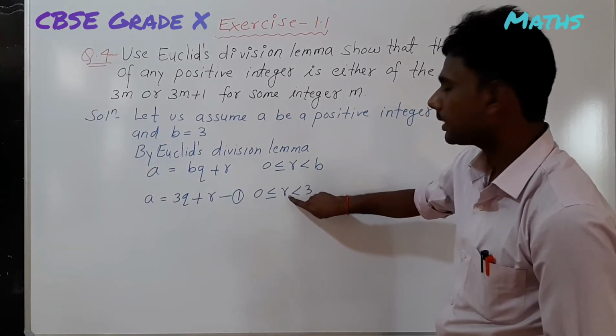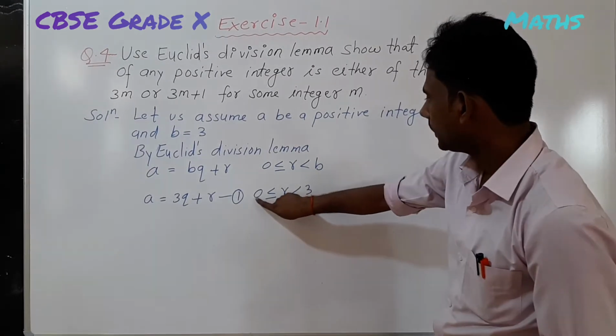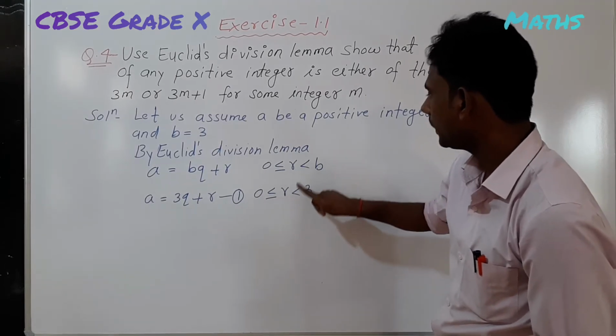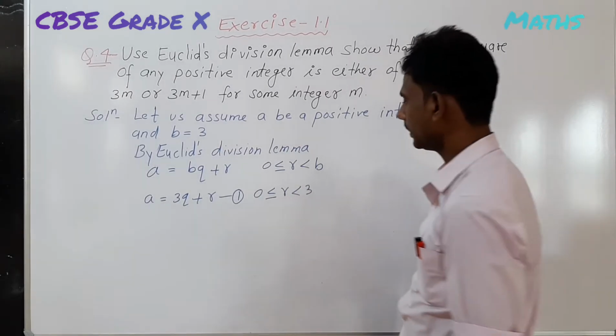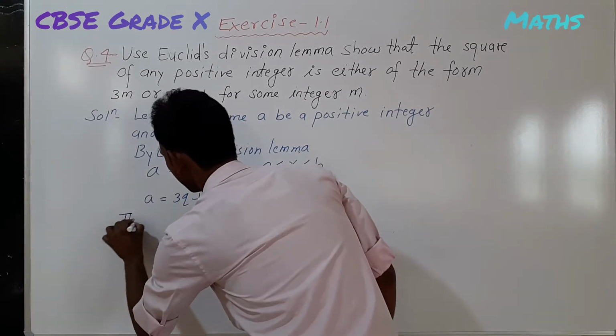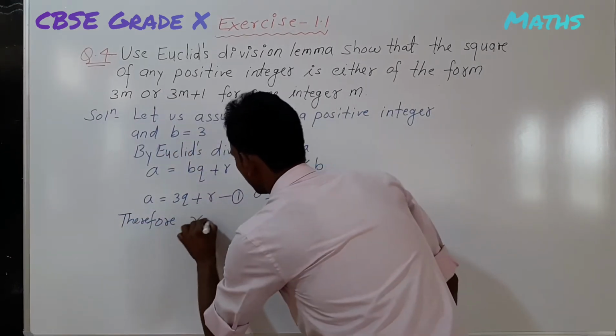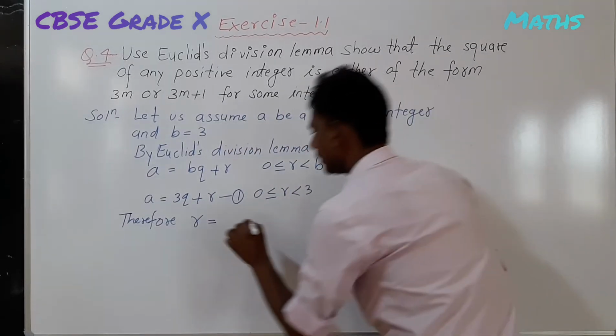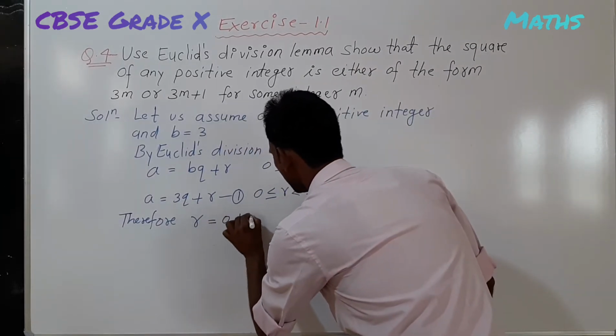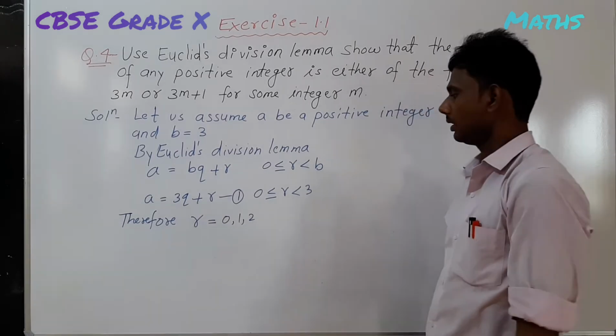Therefore, the possible values of the remainder r are 0, 1, 2, which are less than 3.